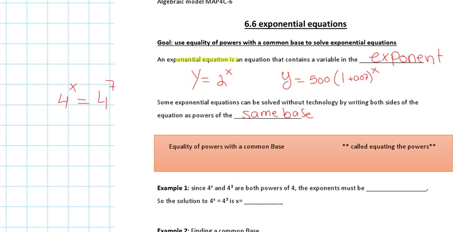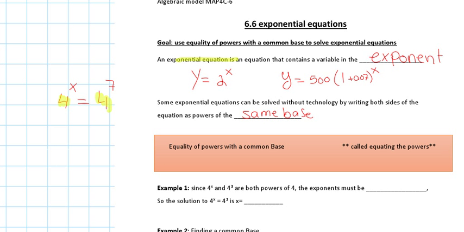X equals 7. It's done, right? Why is it that easy? Because my base is the same. Because my base is the same, that forces the exponent to be the same. Otherwise, there won't be that equal sign. It won't be that balance. So, if I can make the bases the same, that automatically makes the exponent equal.